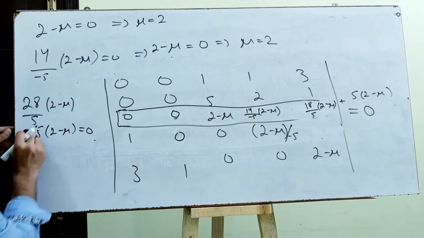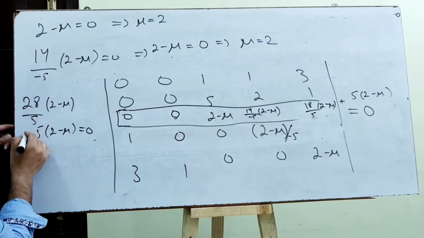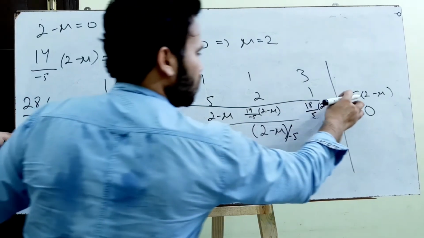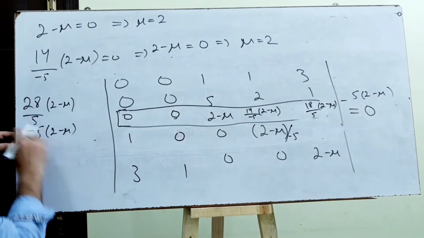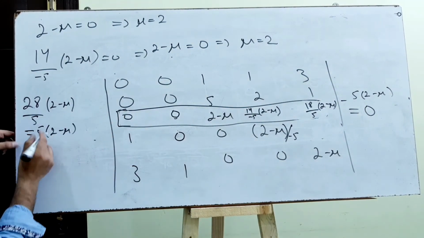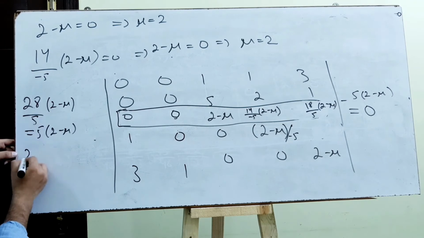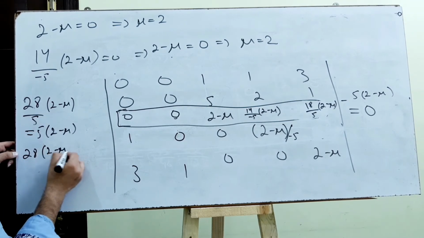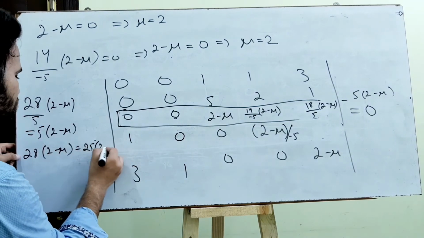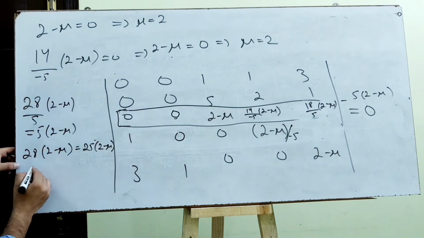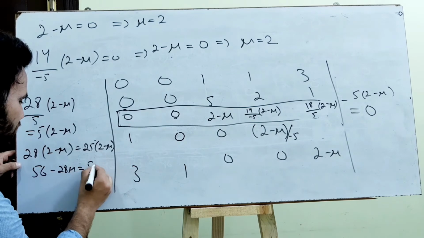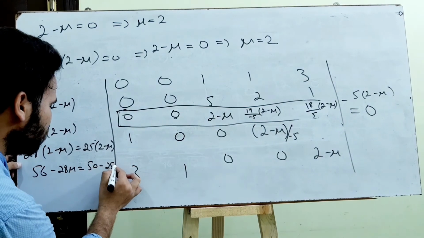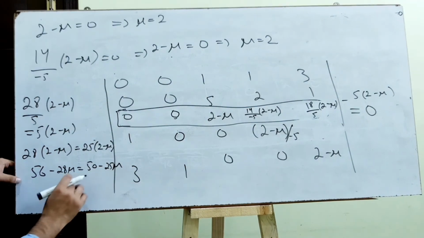So this is minus 5. This is minus 5. So after moving it to that side, this will be same, and this 5 and this 5, 28, 2 minus mu equals to 25, 2 minus mu. This will be 56 minus 28 mu, and 50 minus 25 mu.